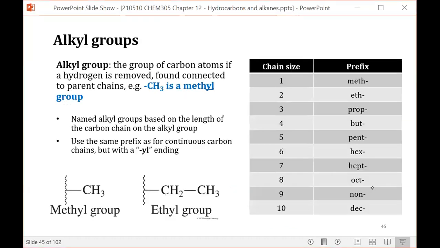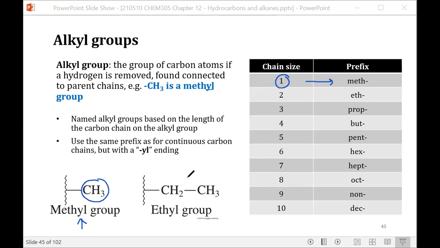So these are the alkyl groups. They're named based on chain size, and the prefixes follow the same prefixes as used for continuous chains. So if your alkyl group just contains 1 carbon, its chain size is 1, its prefix is meth. But because it's an alkyl group, it's not the main chain, it gets that YL ending to show that it's branching off of the main chain.